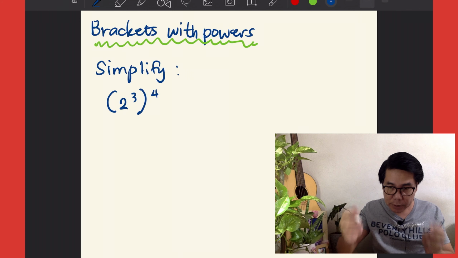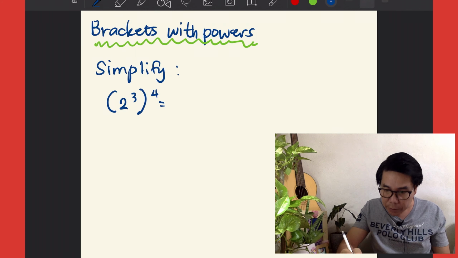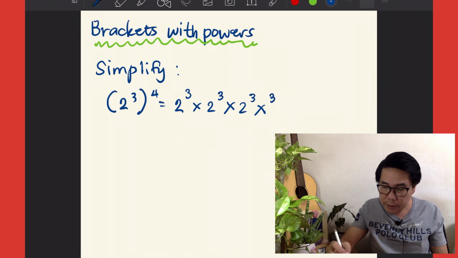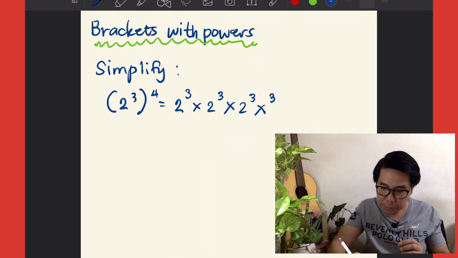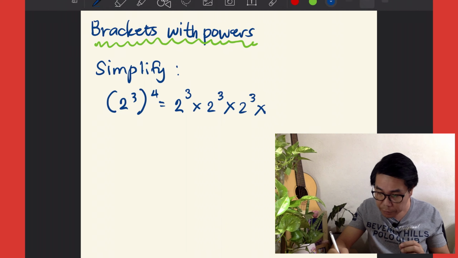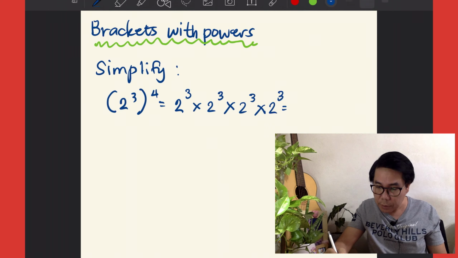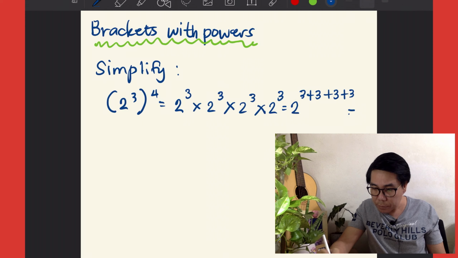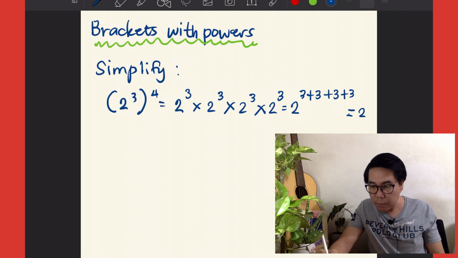In other words, we can have 2 raised to the power of 3 times 2 raised to the power of 3 times 2 raised to the power of 3 times 2 raised to the power of 3, which is equal to 2 raised to the power of 3 plus 3 plus 3 plus 3. 1, 2, 3, 4, which is equal to 2 raised to the power of 12.